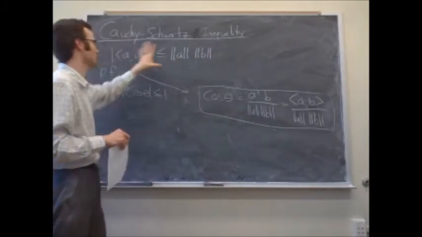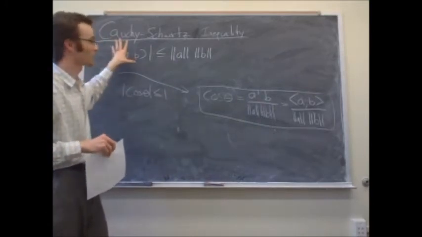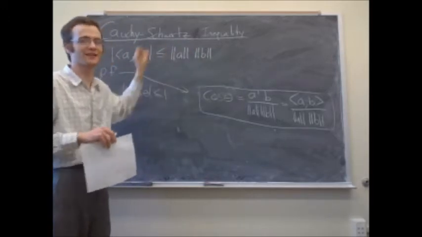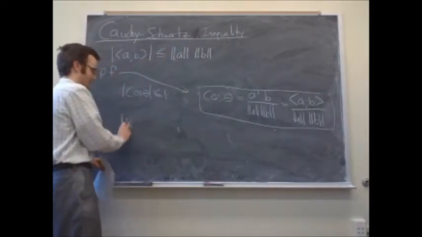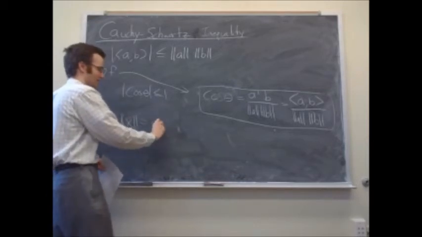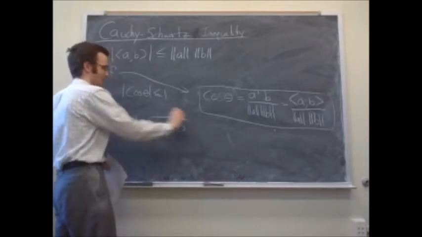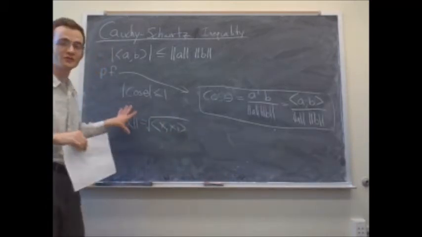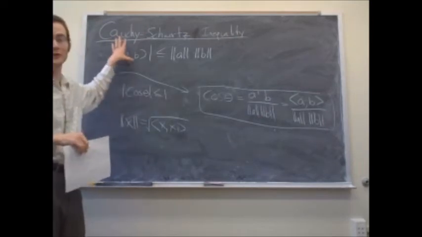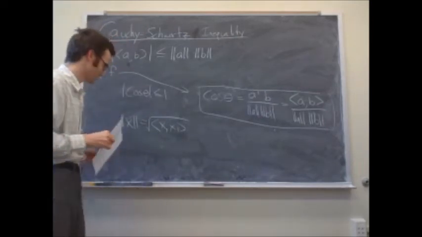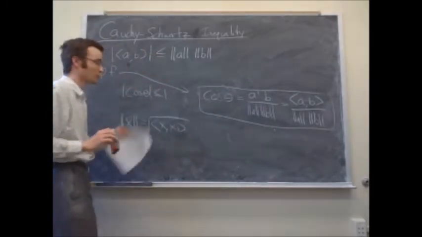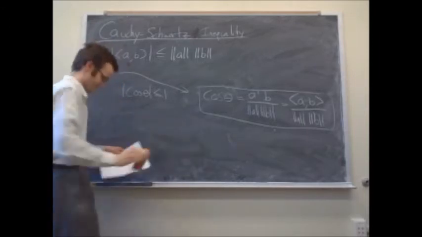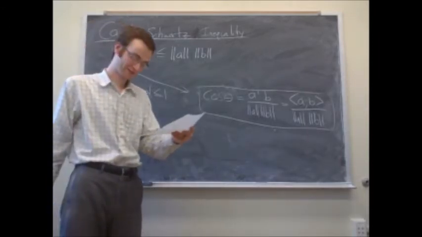It turns out that this is true no matter what inner product you're talking about, as long as you use the norm defined using that inner product, the square root of the inner product of the vector with itself. As long as you're using this kind of norm, this is true for any inner product, which is pretty cool. The proof that we gave does not work for any inner product, but we didn't have time to talk about it, so whatever.